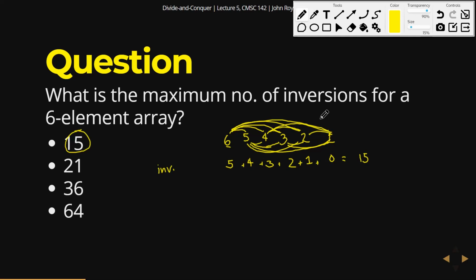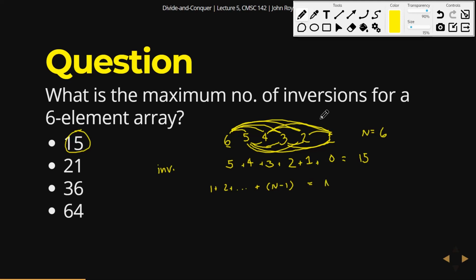So how did we get 15? You'll notice that this is just a sum of numbers from 1 to 5. So basically 1, 2, up to n minus 1, because our n here is 6, right? So this is just the sum of the arithmetic series.